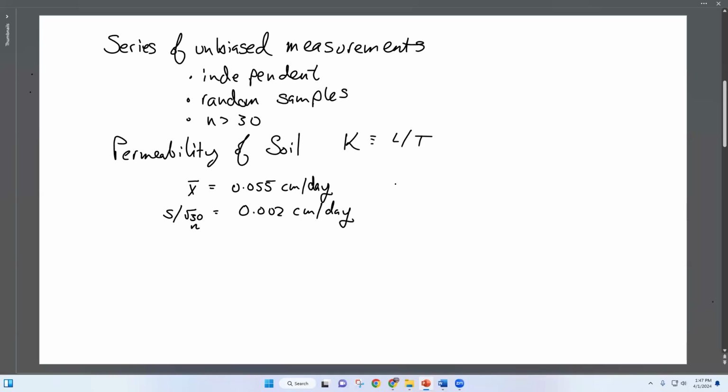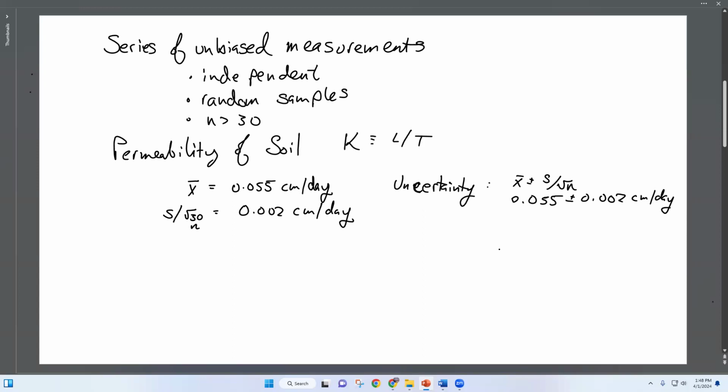All right, so we could estimate our uncertainty as our X bar plus or minus our standard error, or 0.055 plus or minus 0.002 centimeters per day. So we could say that's our best estimate of the mean value with some uncertainty that we've estimated. So that's good, that's helpful.